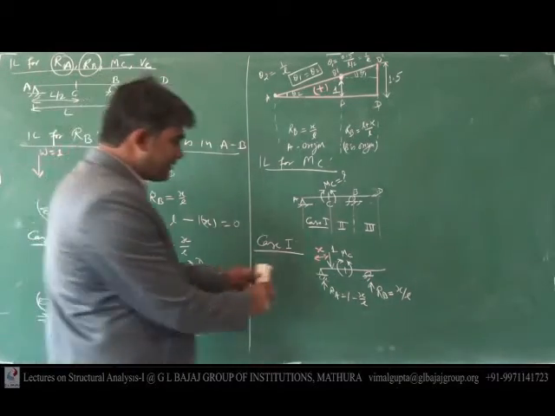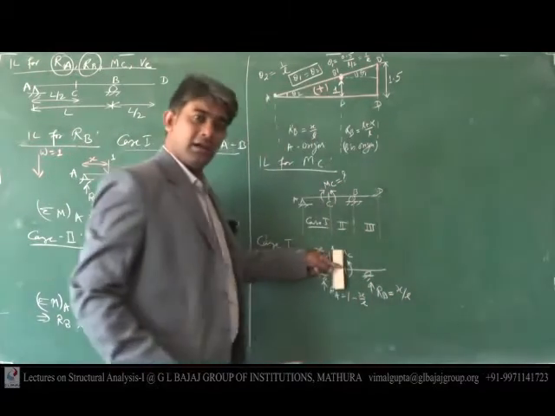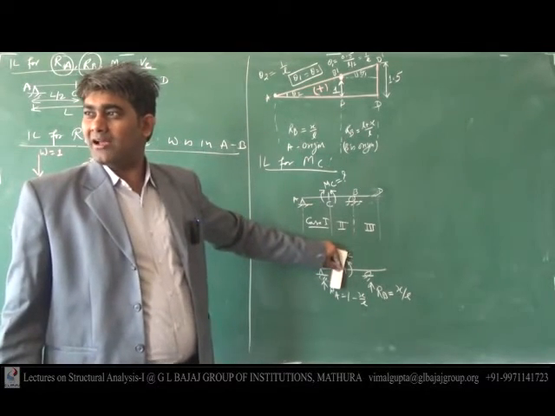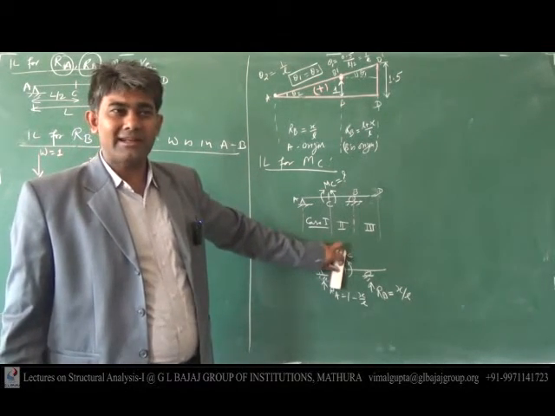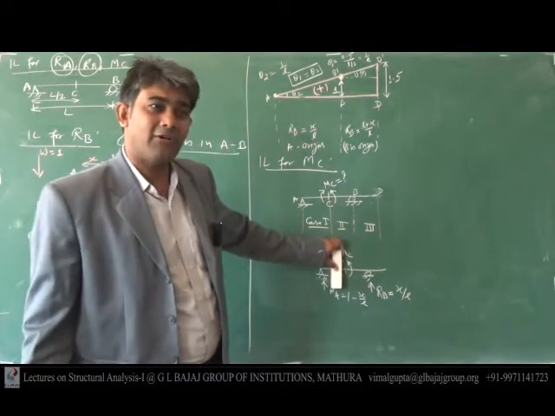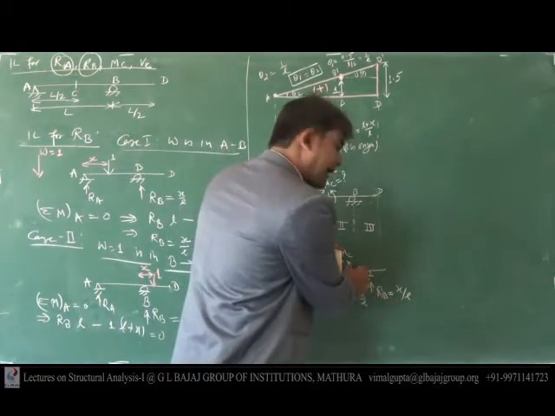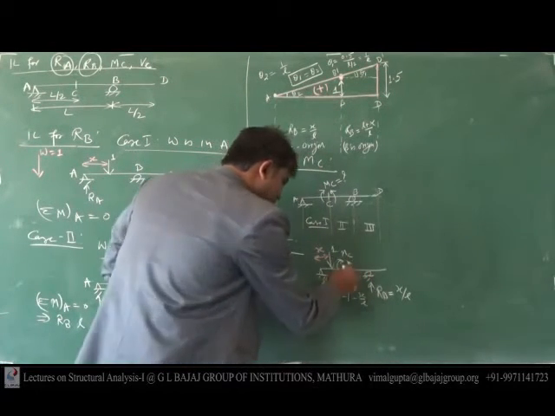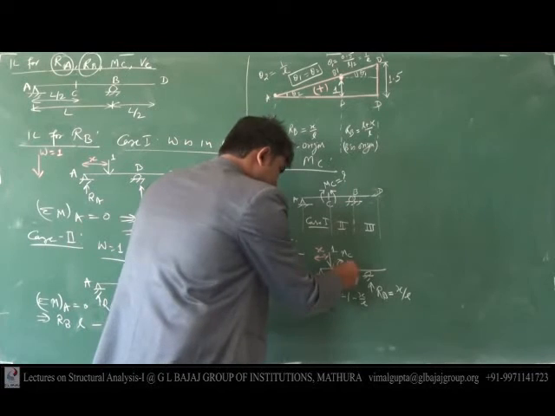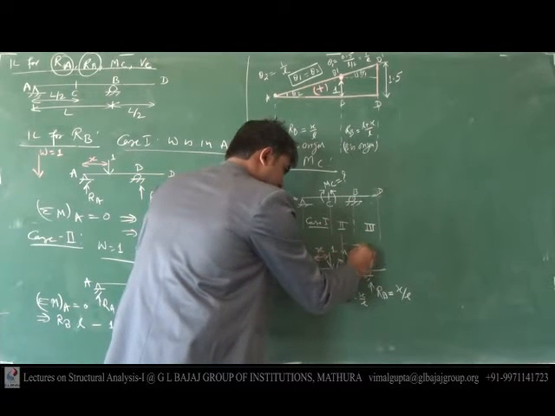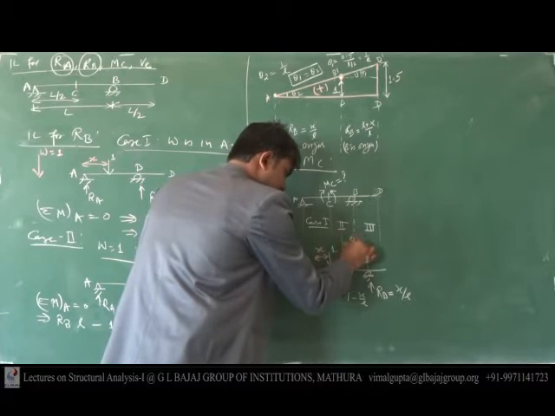So if we are considering this part, what will be the value of this MC? The value MC will be RB multiplied by this distance. And that distance is L by 2.